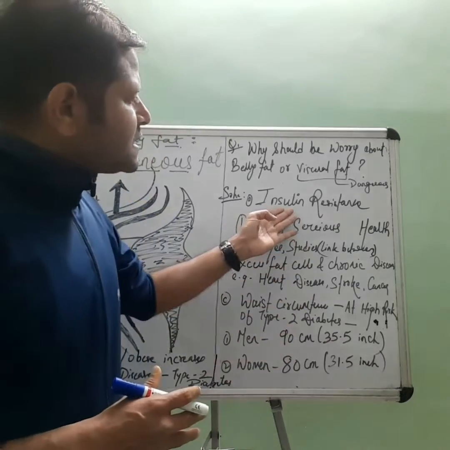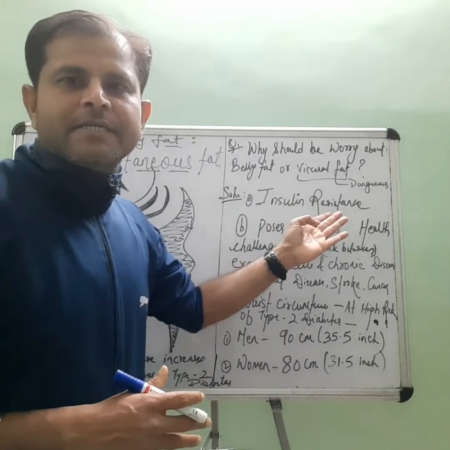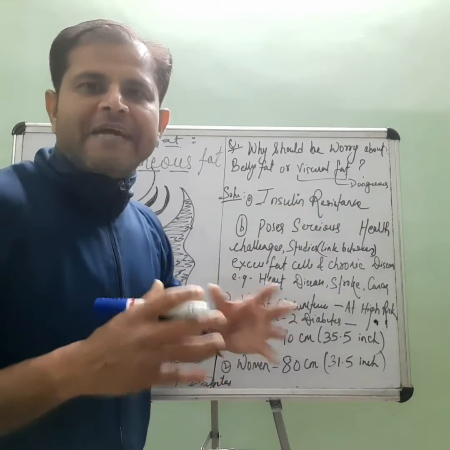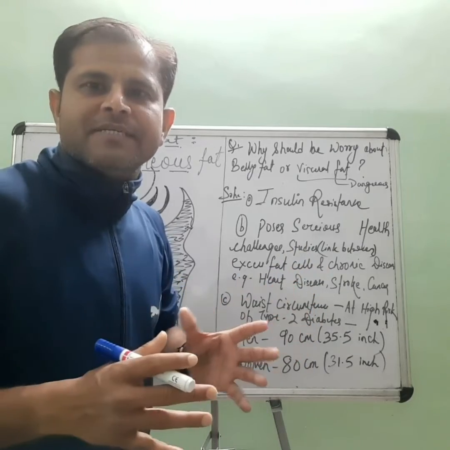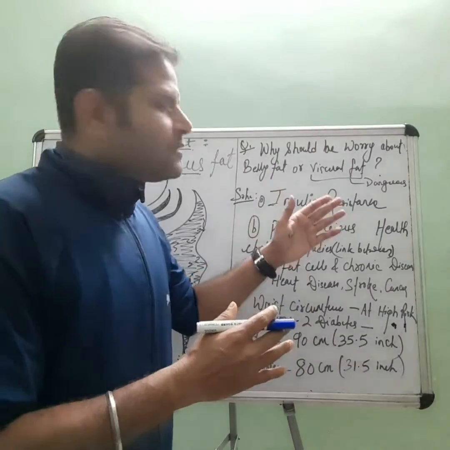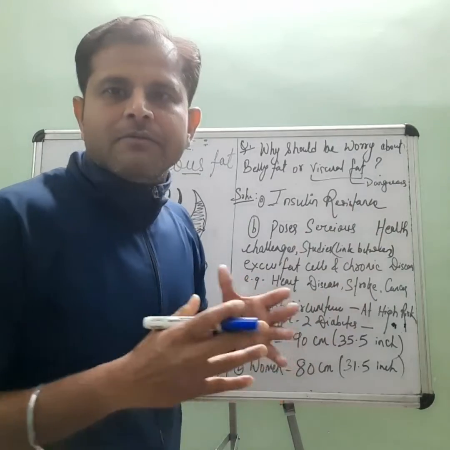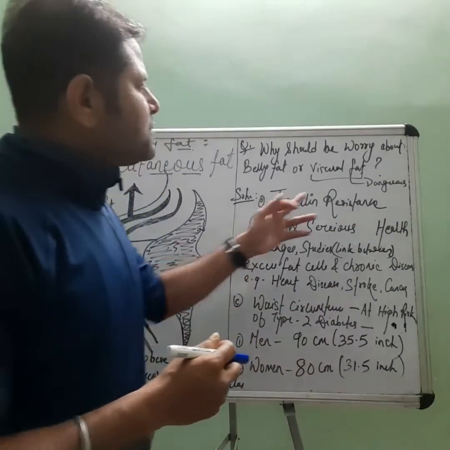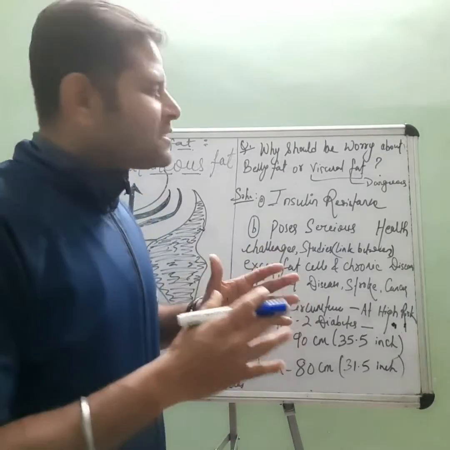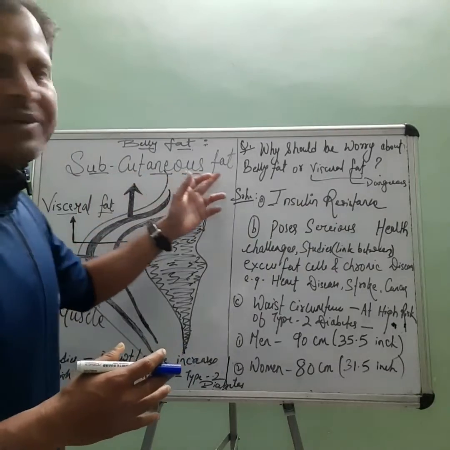Now here we can see that insulin resistance, as the name itself depicts, hinders the insulin from traveling to the different parts of the blood vessels, isn't it? Here we need to understand how this visceral fat is dangerous for our body. We know that visceral fat results in greater insulin resistance as compared to subcutaneous fat.